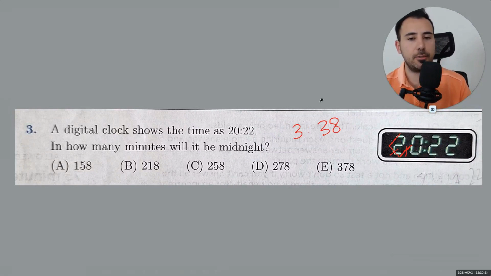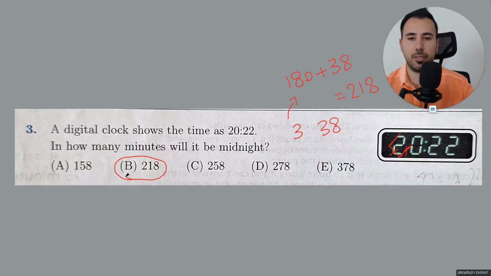So we just need to turn this into minutes. 3 hours multiplied by 60 is 180 minutes plus 38 minutes. It's going to be 218. Because the questions are easy, I'm not going to explain a lot. It will be different for the next questions.